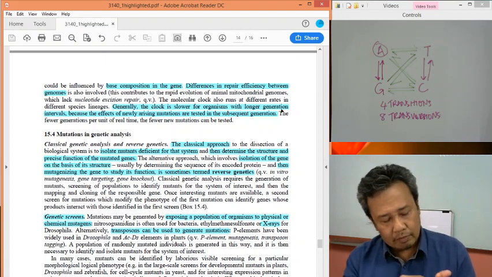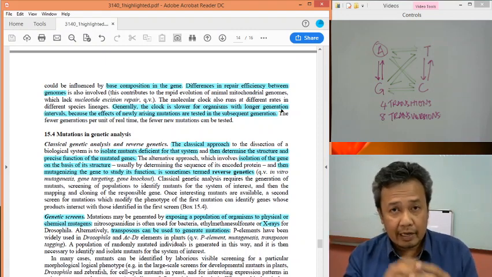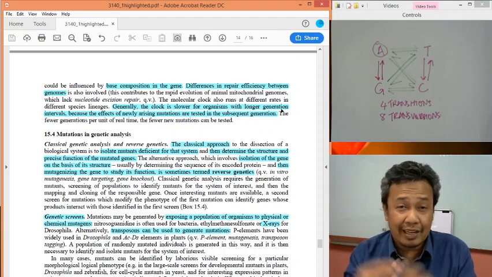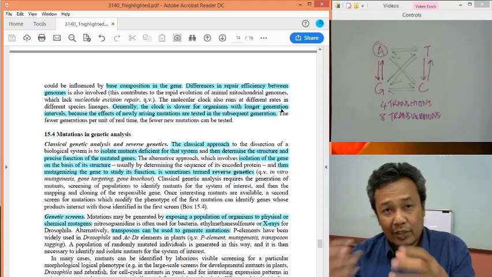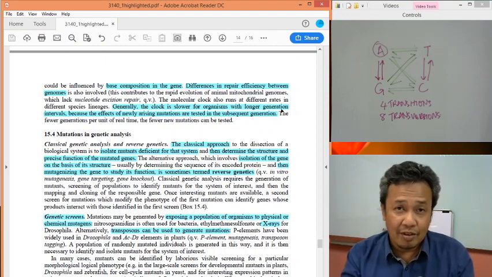You expose the Neurospora crassa to, maybe, radiation, and then you grow it in rich medium so everything can grow. From whatever grows in the rich medium, you transfer it to minimal medium and see what doesn't grow, right?